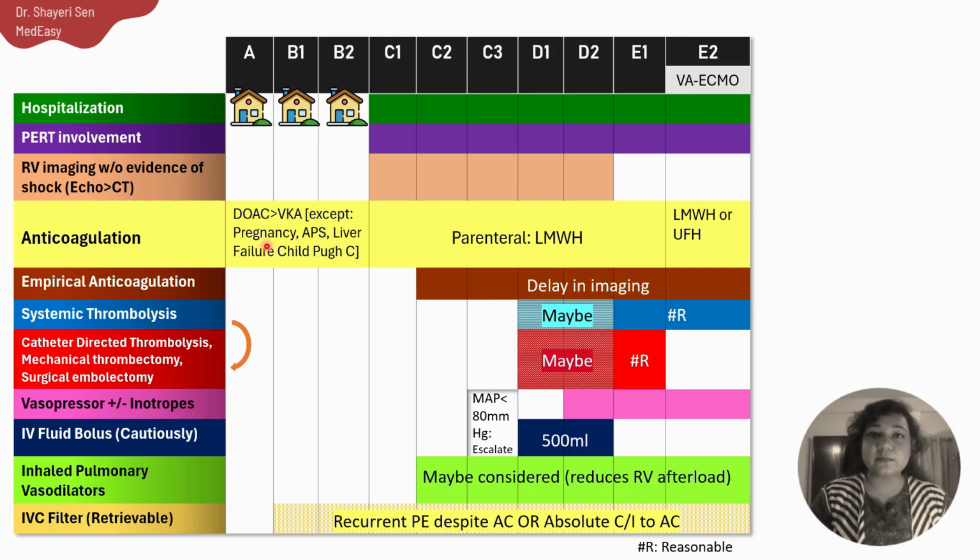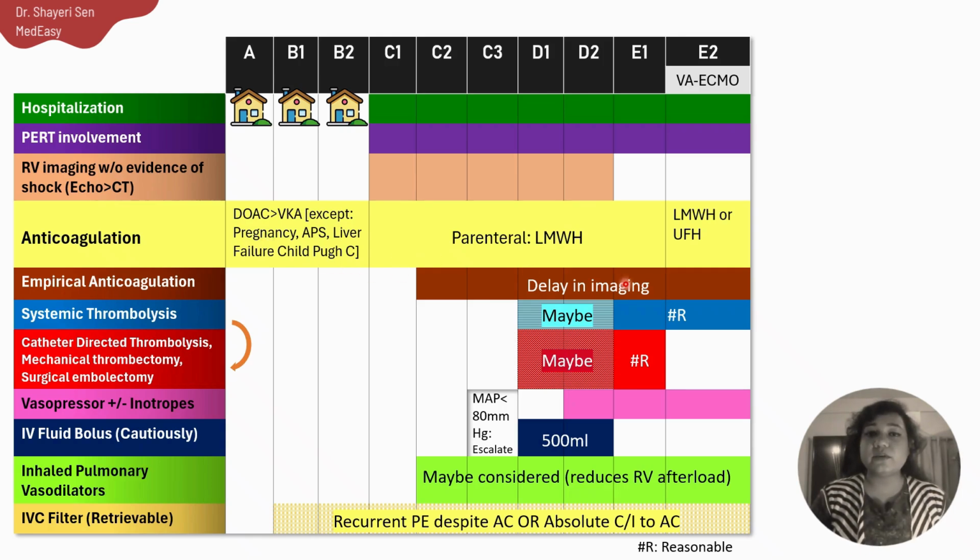In pregnancy, LMWH or UFH are preferred. In antiphospholipid syndrome, VKA is preferred, and in liver failure Child-Pugh C, DOACs are contraindicated. So, except for these, in almost all kinds of patients, DOACs can be given from A to B2 as a management of anticoagulation.